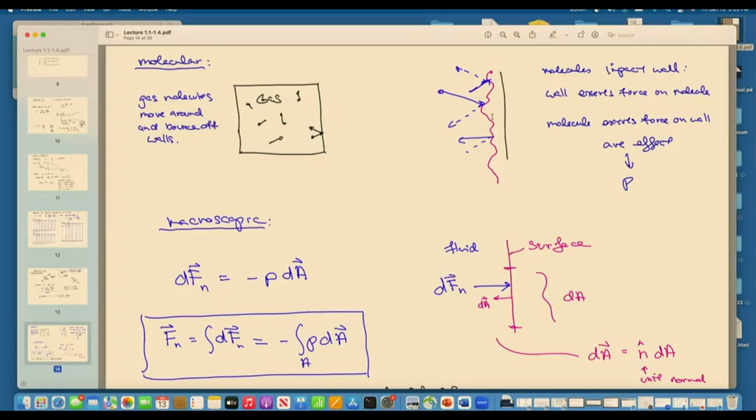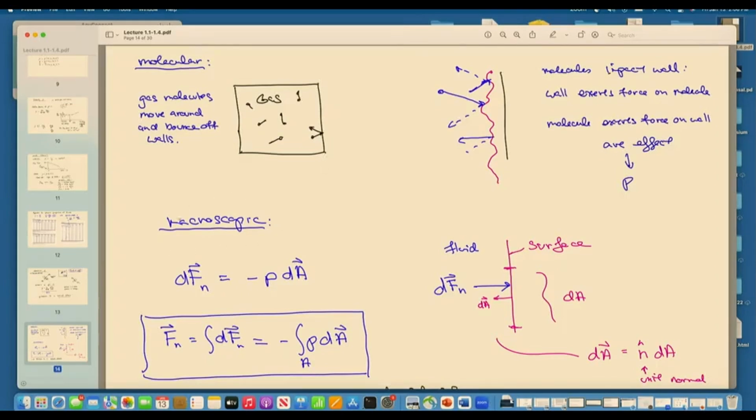The molecules will impose some force on the surface, and at the same time, the surface exerts a force on the molecule. And it is this that we're considering. In particular, in the next chapter, we're going to evaluate the force, say, on this wall due to the pressure, and there may be a distribution of pressure along the surface. So we need to be able to quantitatively evaluate these things.